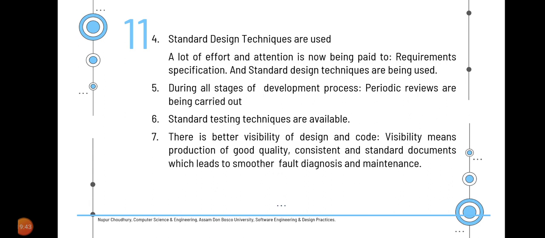The seventh difference lies in the visibility of design and code. Visibility means production of good quality, consistent and standard documents which lead to smoother fault diagnosis and maintenance.